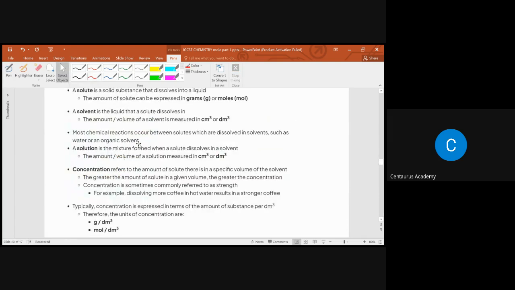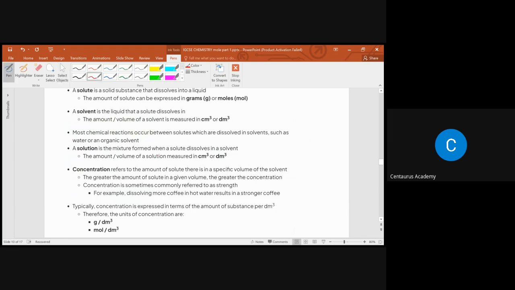So a solution is the mixture formed when a solute dissolves in a solvent. The volume of a solution is measured either in centimeter cube or decimeter cube, and the solute is either in grams or in moles. The concentration refers to the amount of solute in a specific volume of the solvent, and the greater the amount of solute in a given volume, obviously the greater the concentration.